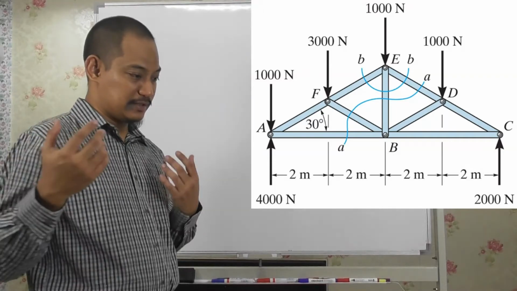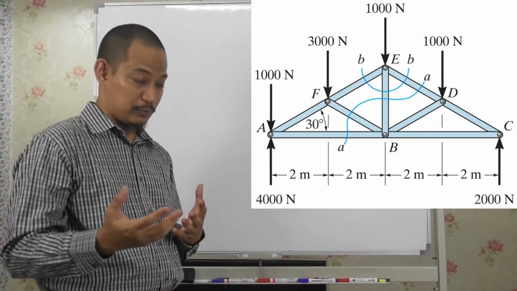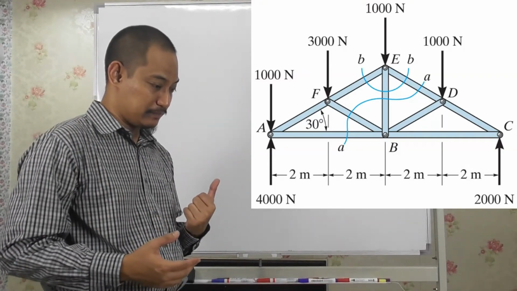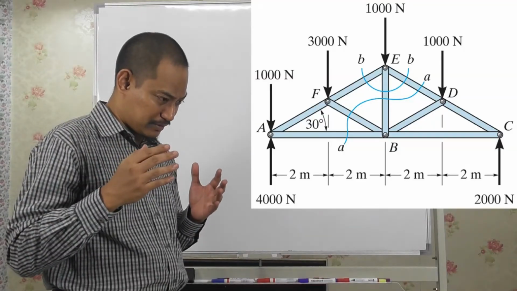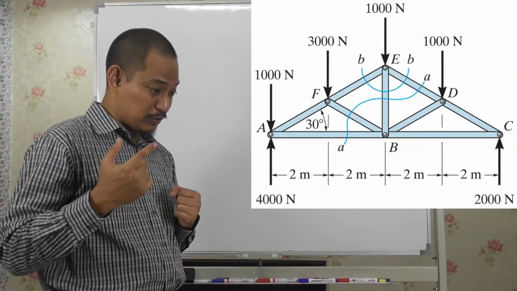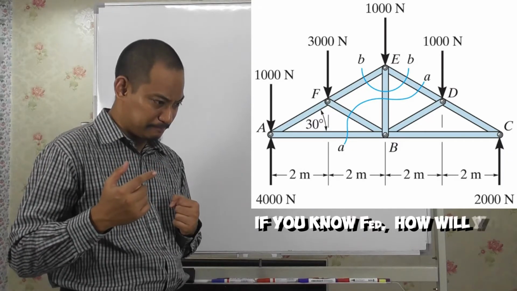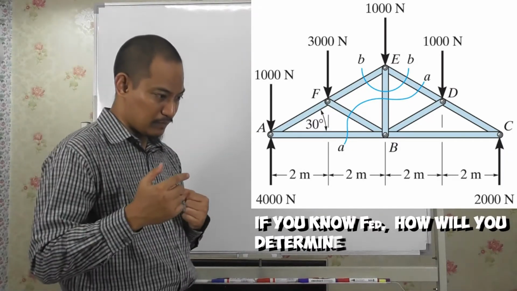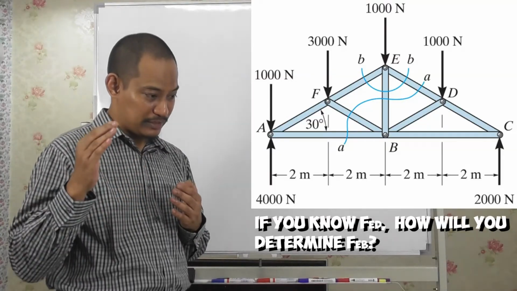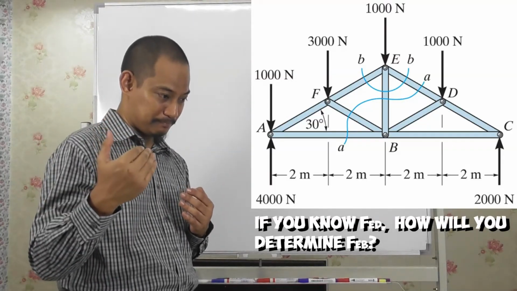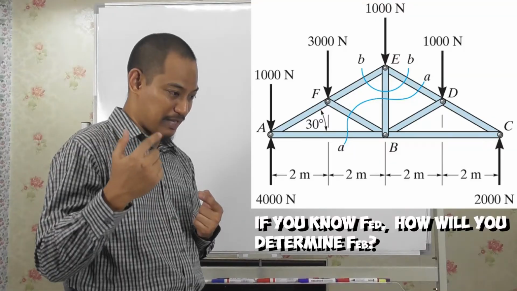Okay, so this is still a concept quiz. The diagram is there, and you have all the forces there. So if you know FED, how will you determine FEB? Okay, so if you already know FED, how will you determine FEB?